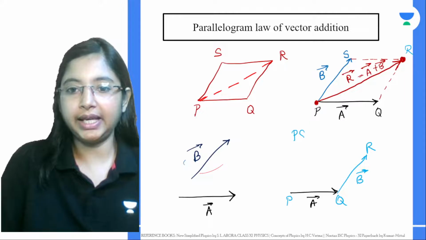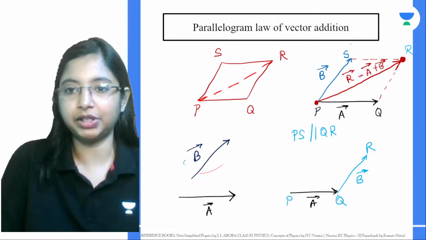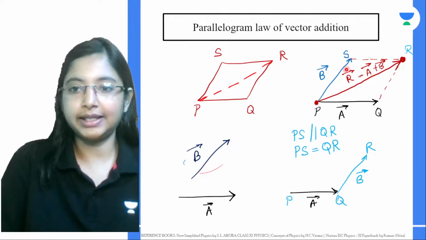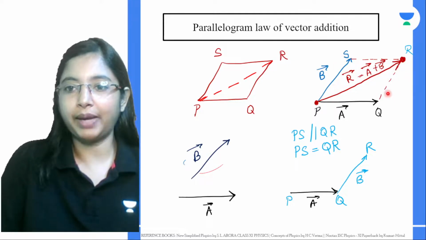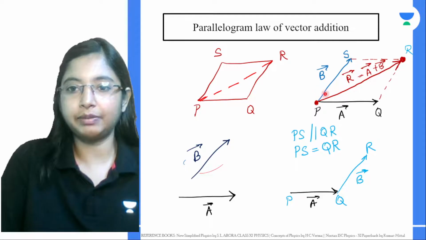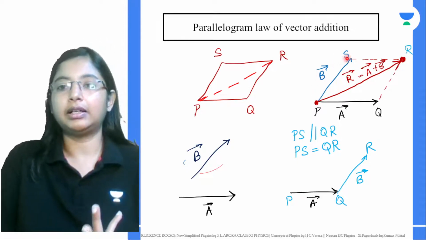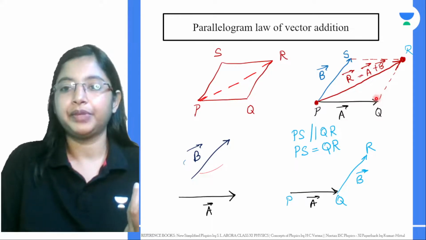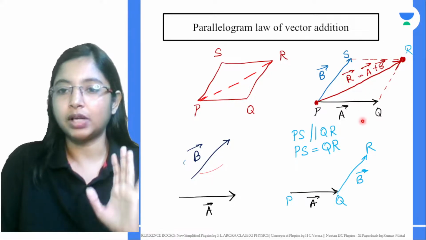Why? PS is parallel to QR, and we also see PS is equal to QR. These two sides are equal and also parallel to each other. So if this magnitude represents, let's say, 5 Newton, then this is also 5 Newton, since opposite sides of a parallelogram are equal.